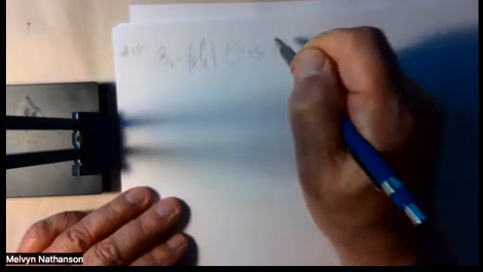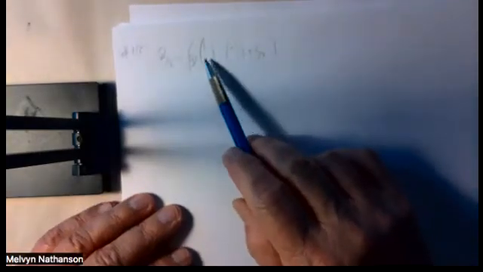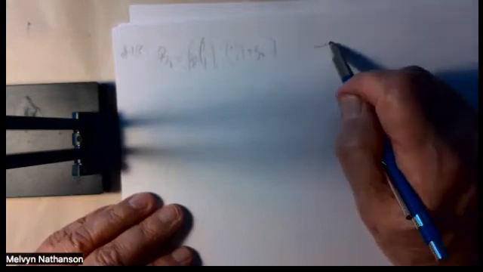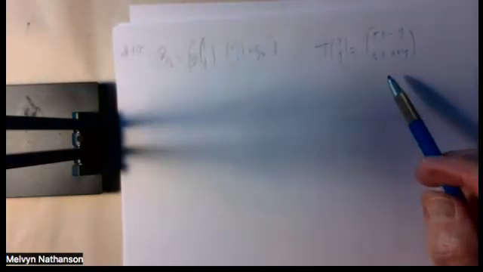Let me give these names so I have a letter for them. This is G1 and this is G2. So I have a new basis, (1, 1) and (-1, 1). And again, T of the vector (x, y) is (5x - y, 3x + 2y). I want to find the matrix of this linear transformation with respect to this new basis.